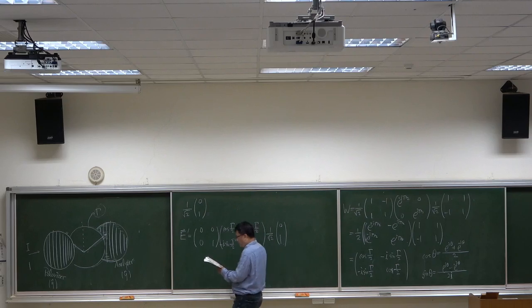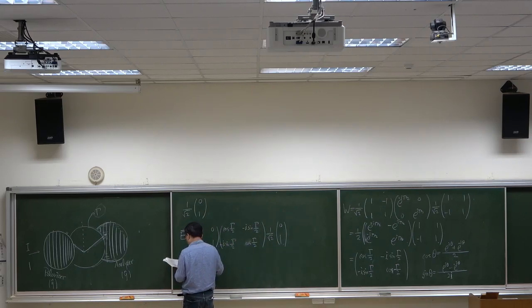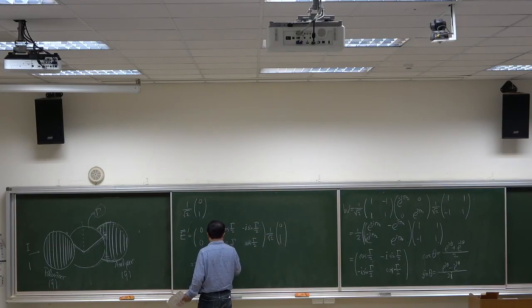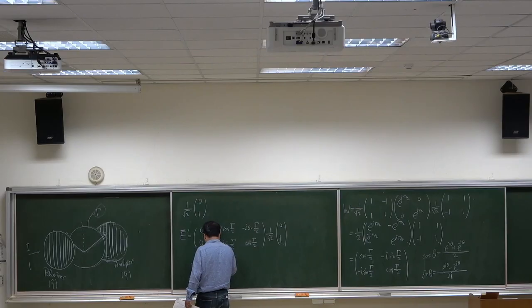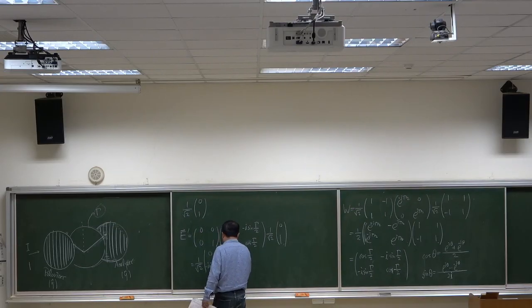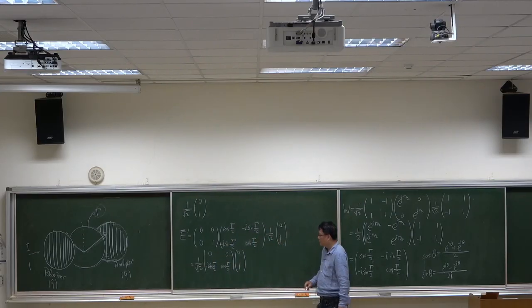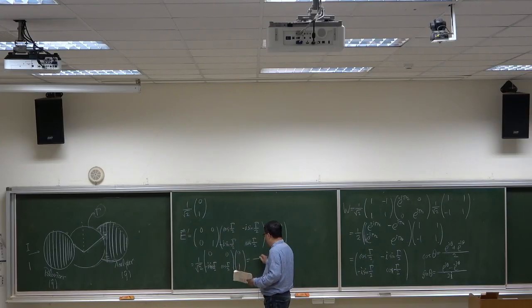So the final E is equal to (0, ...) minus I sine half gamma, cosine half gamma times this one. Then we get 0, cosine half gamma. Okay.